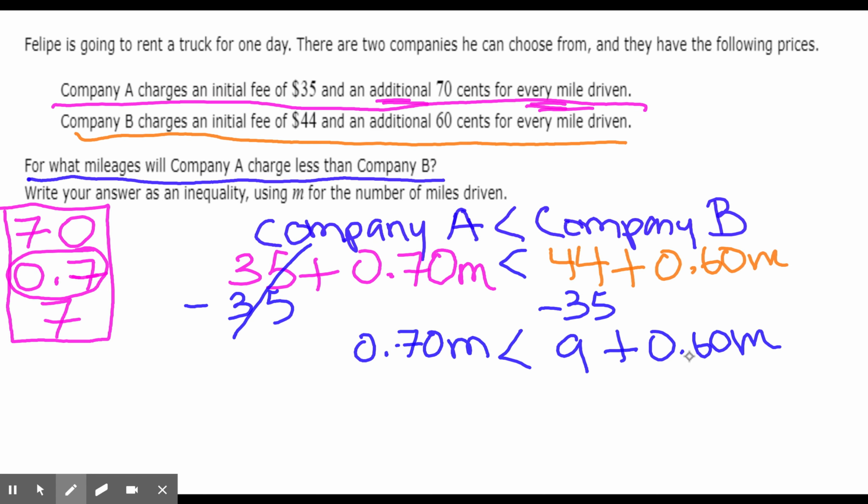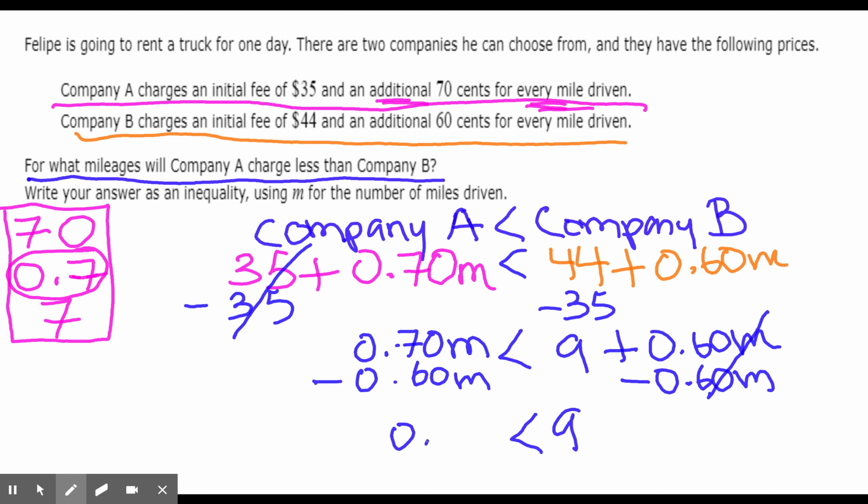And I can see when I think this through that if I subtract my 60 cents per mile from each side, it cancels out here, leaving me with 9 is greater than 0.10 miles for every mile.